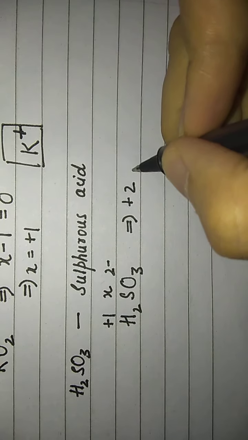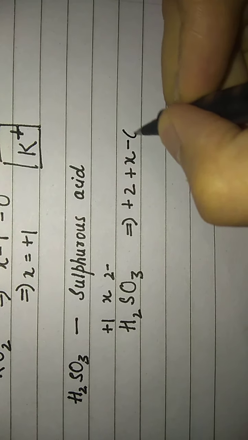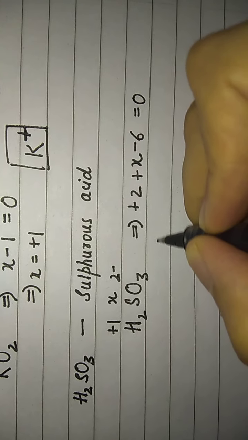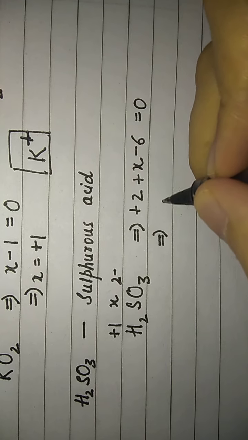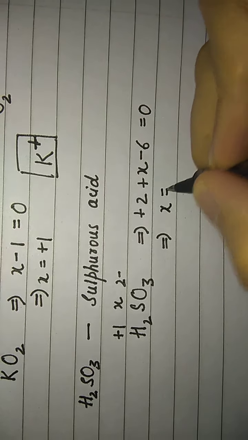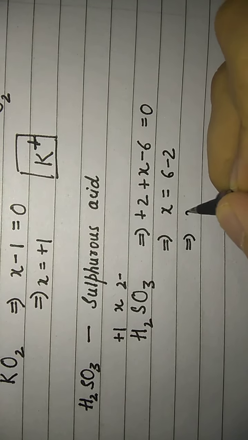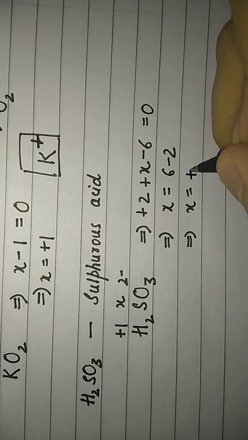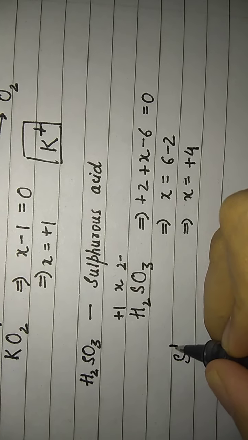There's only one sulfur, so +X, and -2 into 3 will be -6, which is equal to 0 because again it has a net charge of 0. So X is equal to 6 minus 2. So sulfur will exhibit a charge of +4 in this particular molecule.